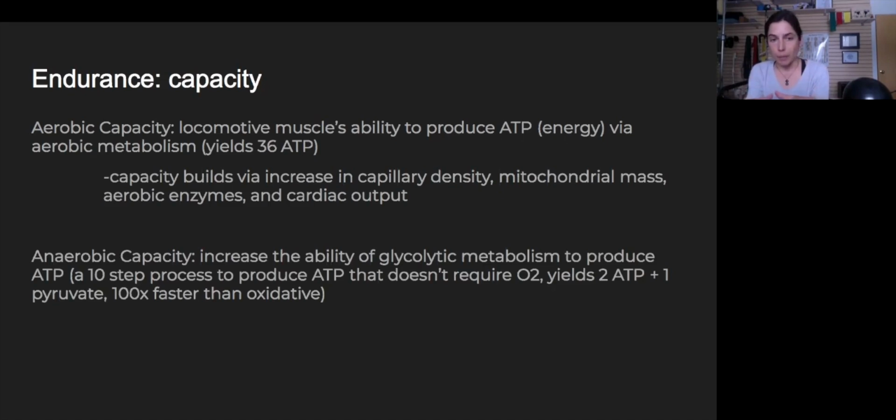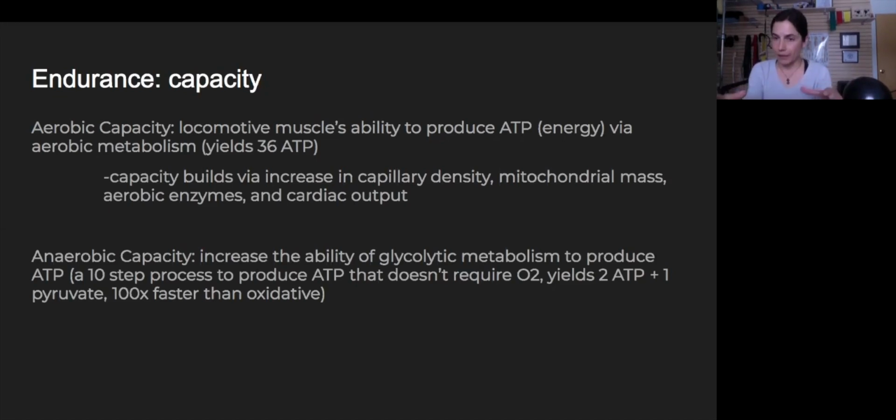Whereas our anaerobic capacity building, which we will do some of, is a little bit more of the higher intensity work that you'll see related to zone 3 work or interval training or the fartlek type intervals. For that we are improving the ability of the glycolytic metabolism system. And that's a quicker process. It's 100 times faster than the oxidative system, but you only get a few ATP and you end up getting this byproduct called pyruvate.